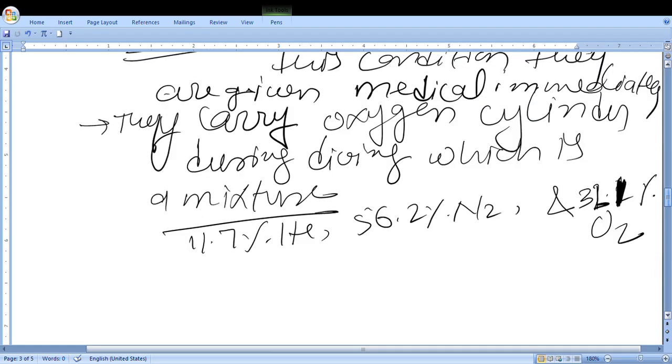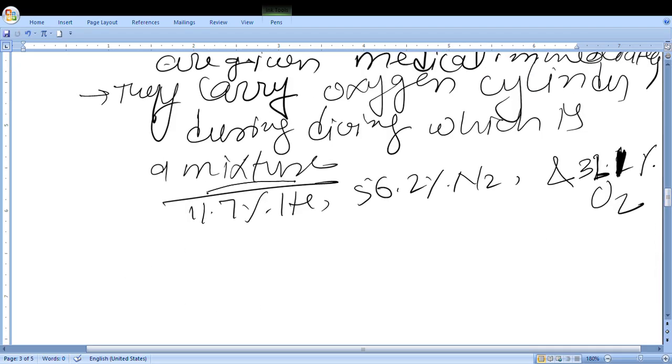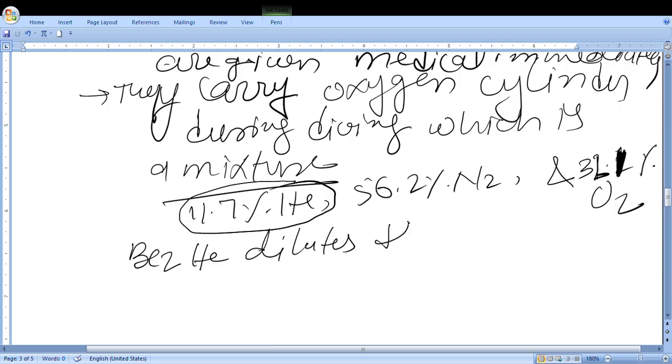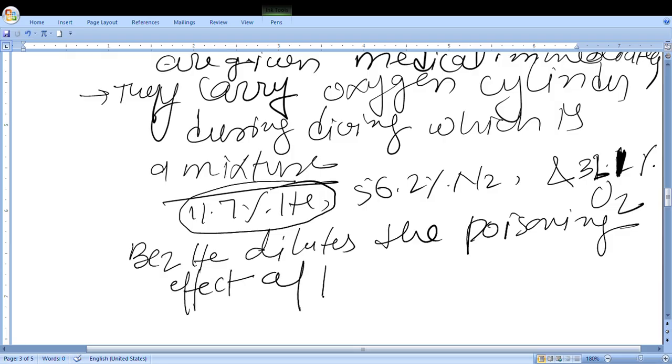The reason for taking helium is that helium dilutes the poisoning effect of nitrogen.